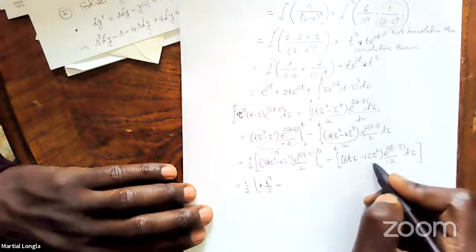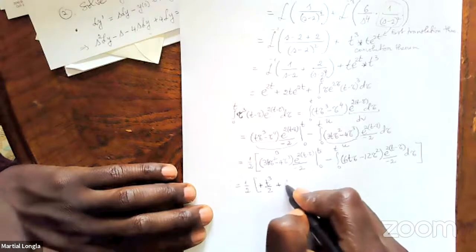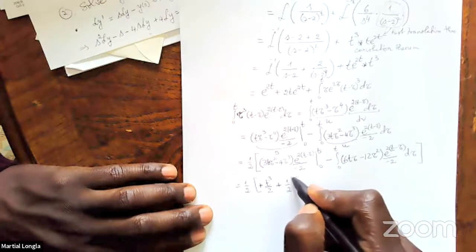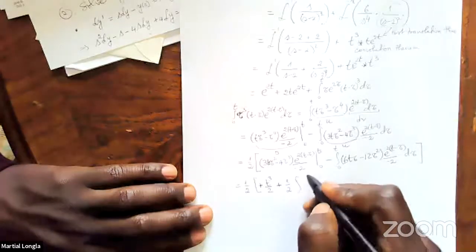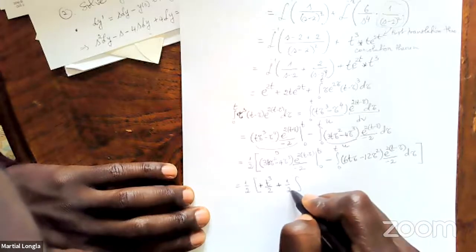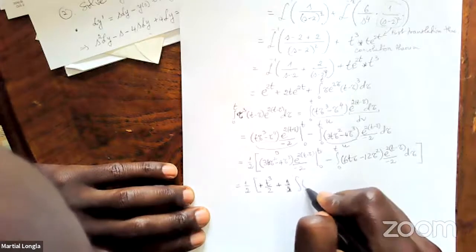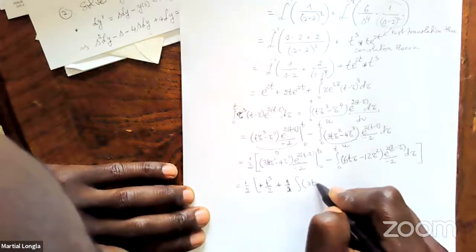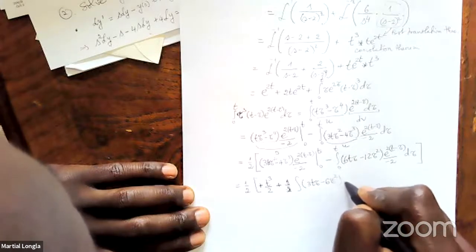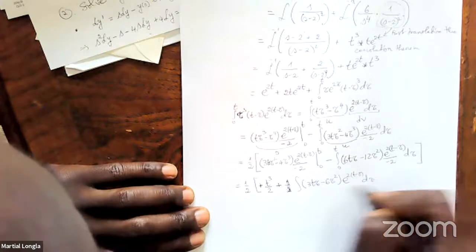So you're left with the part that is here. So minus and minus again, that's plus 1/2. And then we compute again the integral. The 1/2, we can actually get that 1/2 inside. So plus the integral of (3t tau minus 6 tau squared) e to the 2 times (t minus tau) d tau.